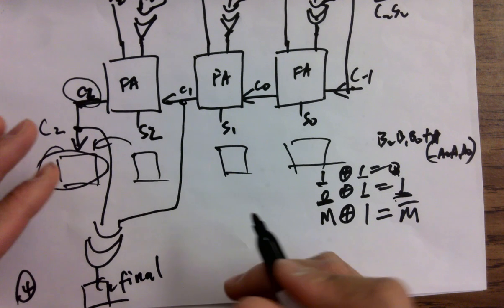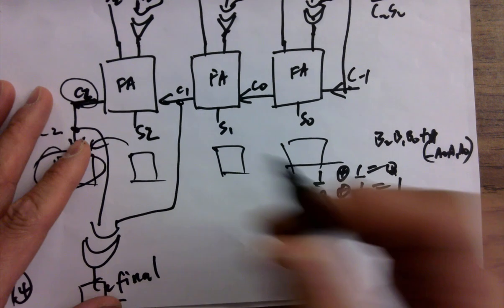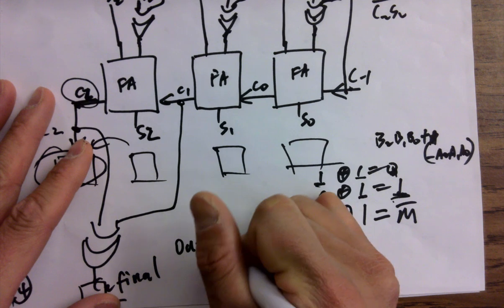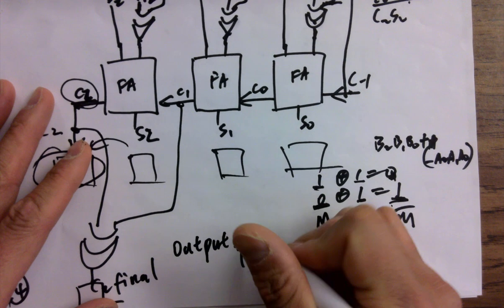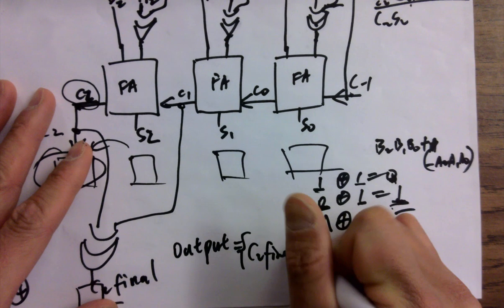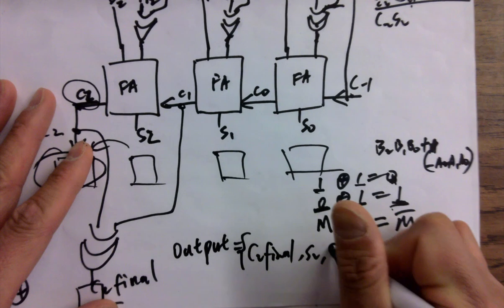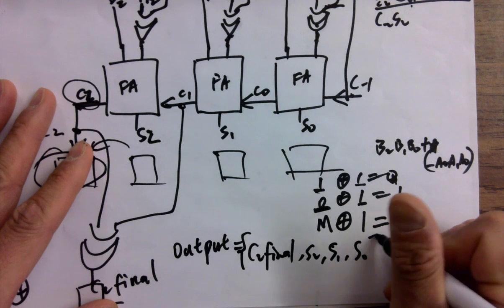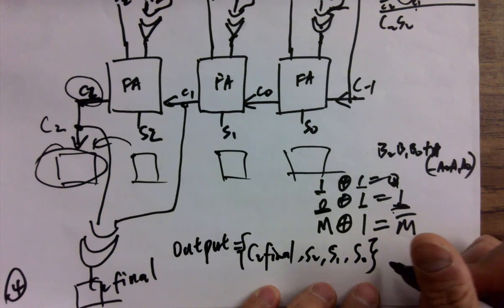So for your final result output, you could do a concatenation, C2 final, S2, S1, S0 in Verilog, right?